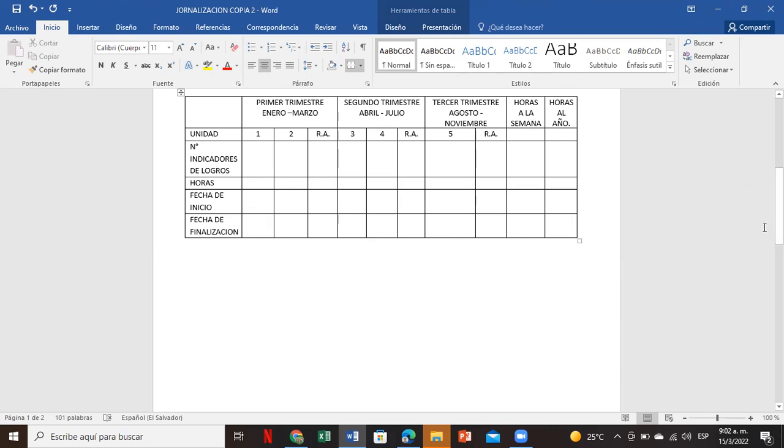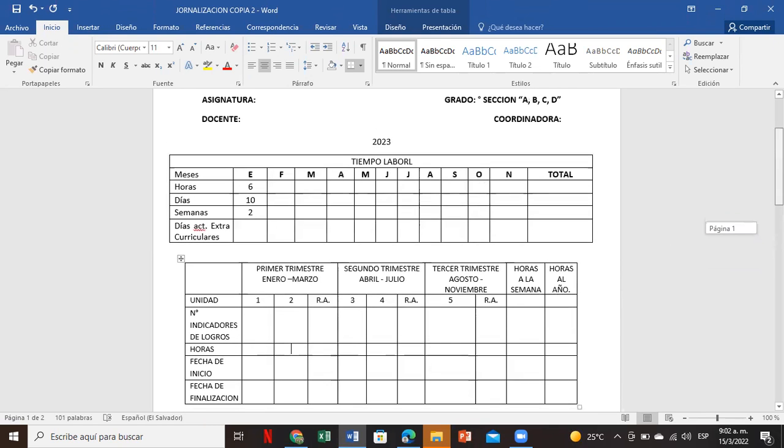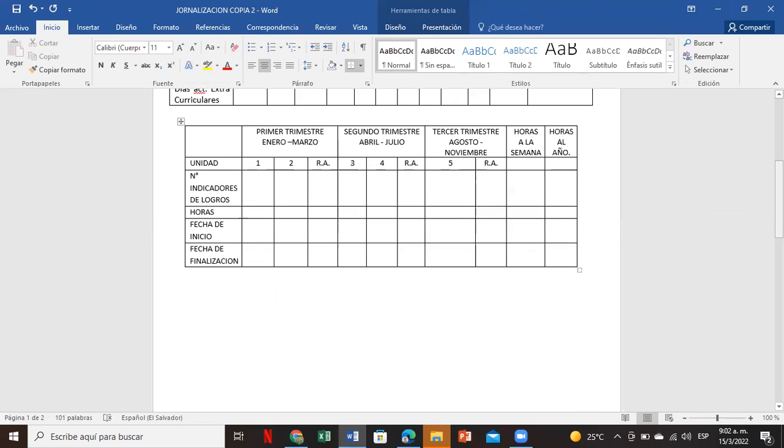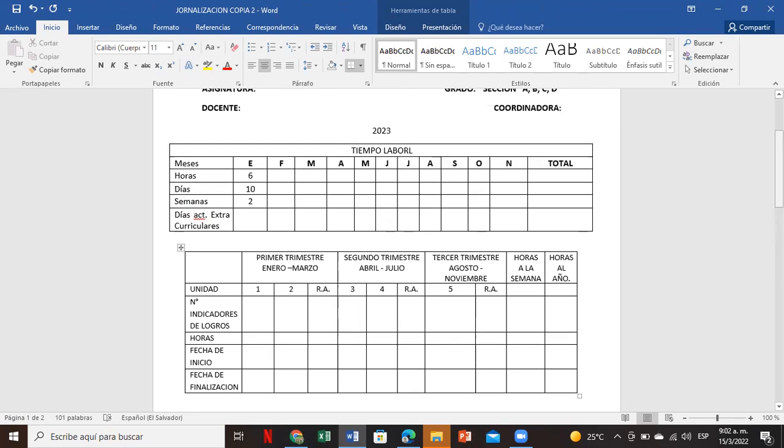Supposedly, we are going to have, let's see, like 20 hours. Okay, 20 hours. So you are going to reflect 20, 20, and 20. Teacher, what about the rest of the year? We need to count it. Right now, it's not necessary because this is just a draft. But one of my recommendations is, if you want, you can reflect it in that way.